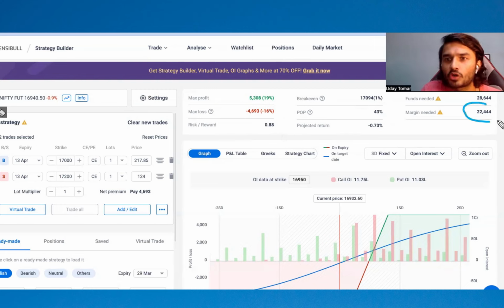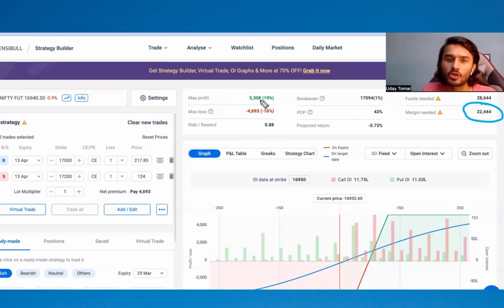You would need approximately 23,000-24,000 to deploy one lot of this strategy. If you multiply it by multiple lots, you'll have to multiply 22,000 into the number of lots that you decide to deploy. So I think your risk is lower, and it's a way better strategy than doing a naked option because you are hedged.